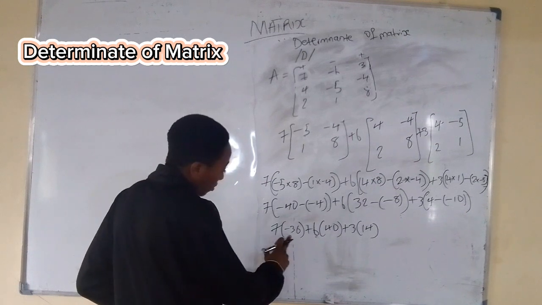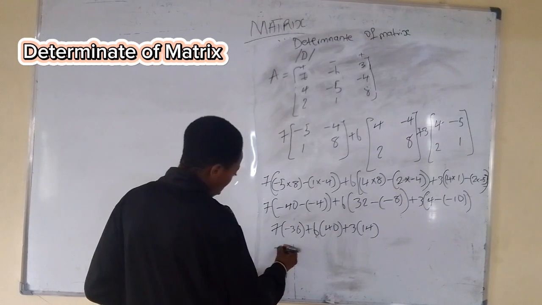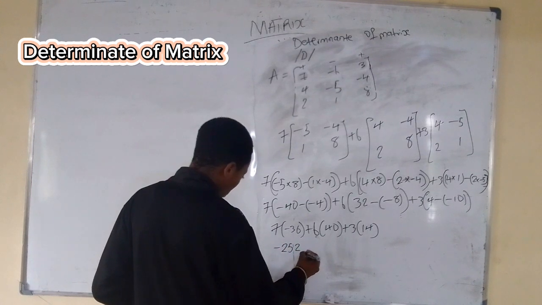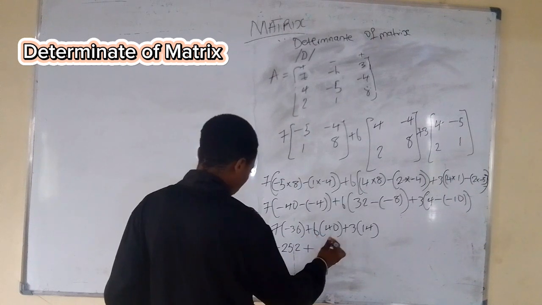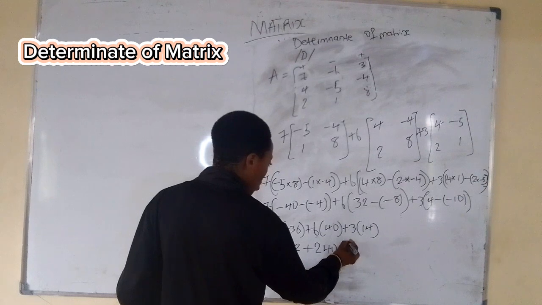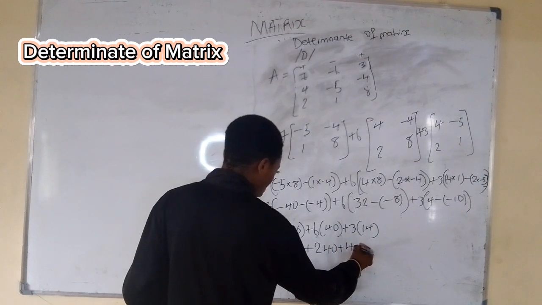Now 7 times minus 36 will give minus 252, plus 6 times 40 gives 240, plus 3 times 14 gives 42.